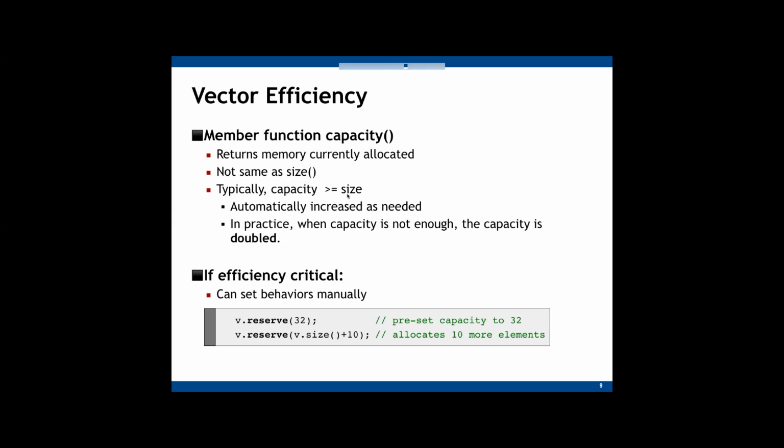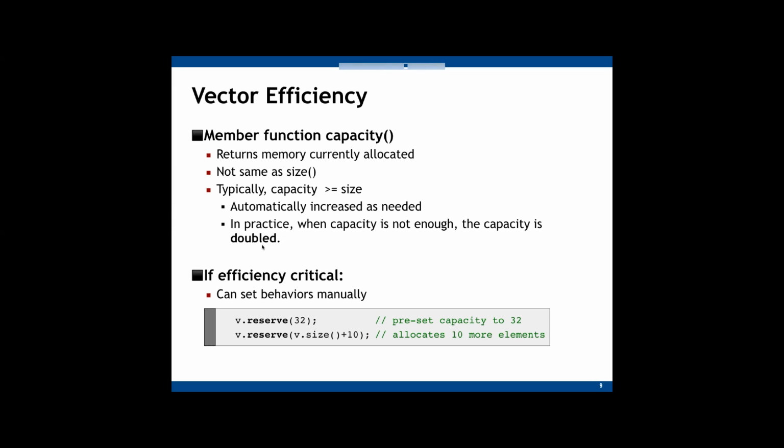Whenever a vector runs out of capacity and needs more memory to add new elements, the capacity is automatically increased. How much the capacity increases automatically depends on the implementation, but commonly the capacity increases by double.